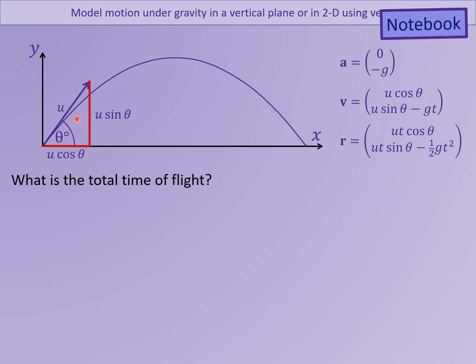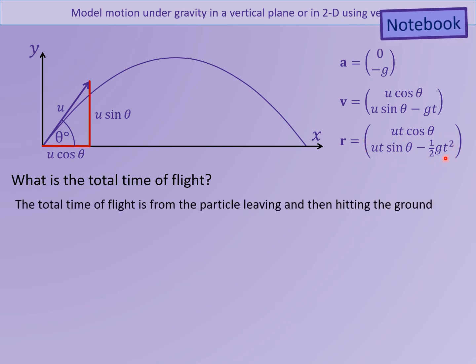That's the key thing: when you hit the ground at the other end, its height goes up, up, up, down, down, down, reduces back to 0. So I'm going to use that fact. At the time of total flight, the height part, which you know from here, is going to equal 0. What's the height part? That bit just there: ut sine theta minus a half gt squared.